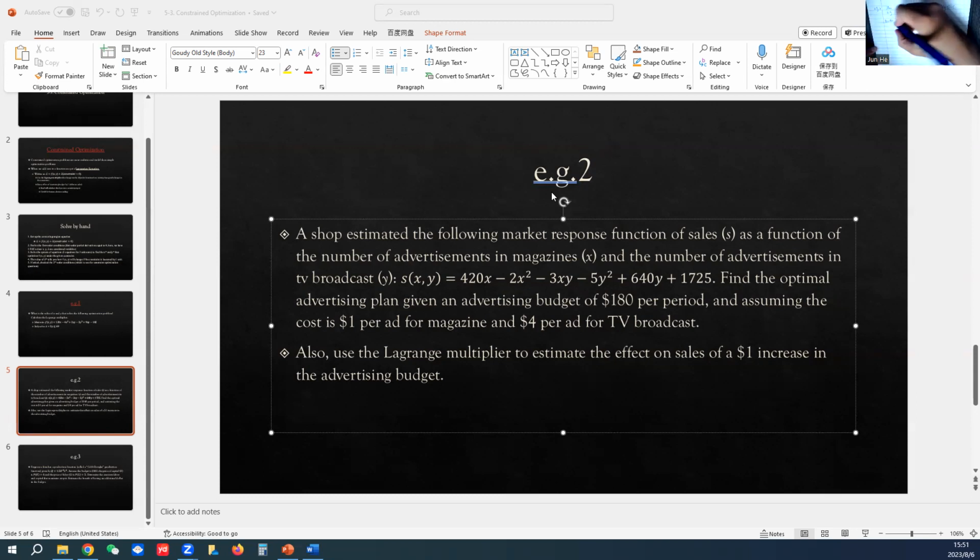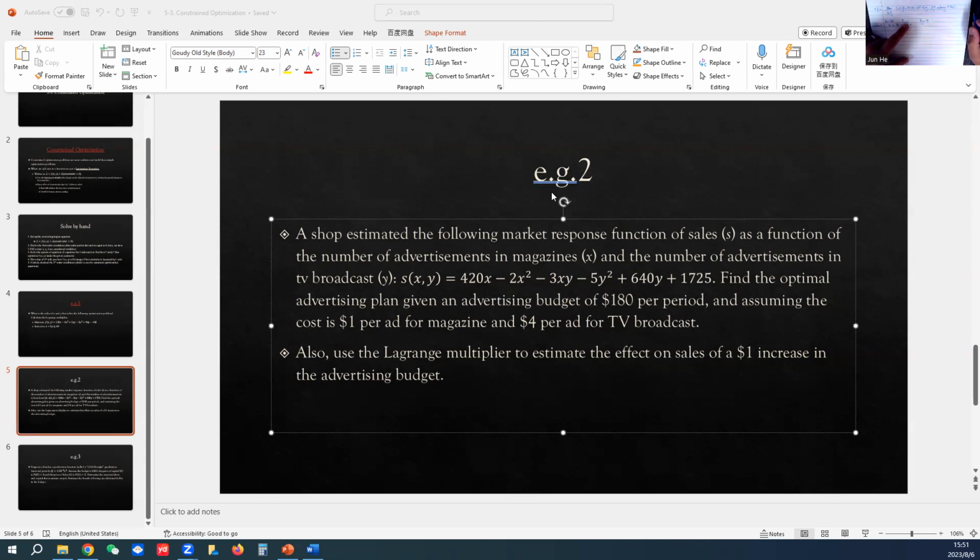And also we know the price. The price of advertisement on magazine is $1 per unit, and the price on TV broadcast is $4. Okay, so here then we can write the constraint, which is B greater or equal to PX times X plus PY times Y. Why is that?